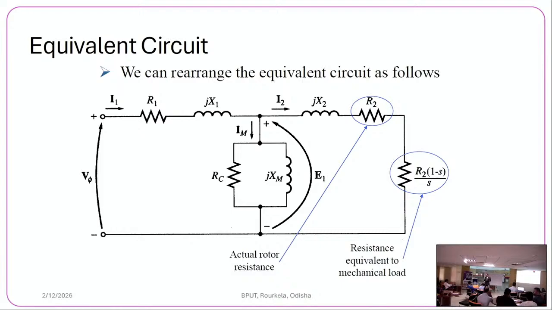So the mechanical load of the shaft is represented by an equivalent resistance. Shaft load is converted to this, and this is the winding resistance that represents the rotor copper loss. So I square R loss is represented by this resistance, and this is the shaft load. Otherwise there is nothing new, and this is the equivalent circuit.